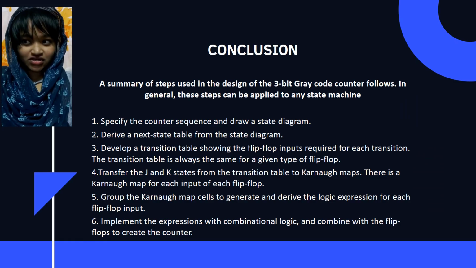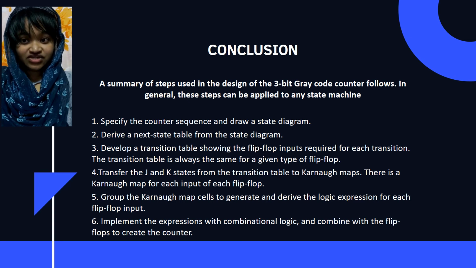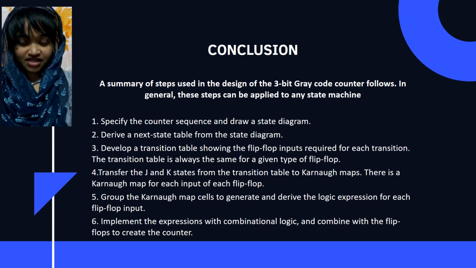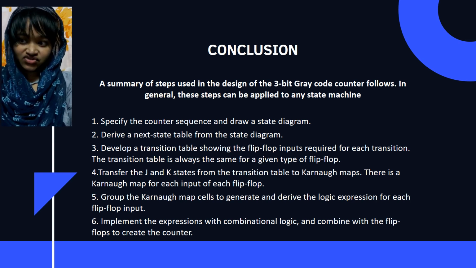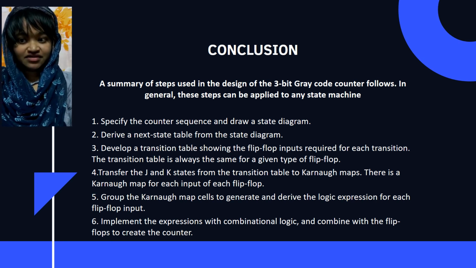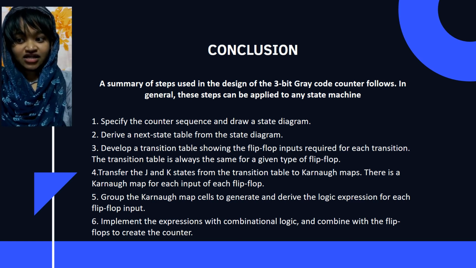Project conclusion. A summary of the steps used in the design of the 3-bit Gray code counter follows. In general, these steps can be applied to any state machine. Specify the counter sequence and draw the state diagram. Derive a next state table from the state diagram. Develop the transition table showing the flip-flop inputs required for each transition. The transition table is always the same for a given type of flip-flop.